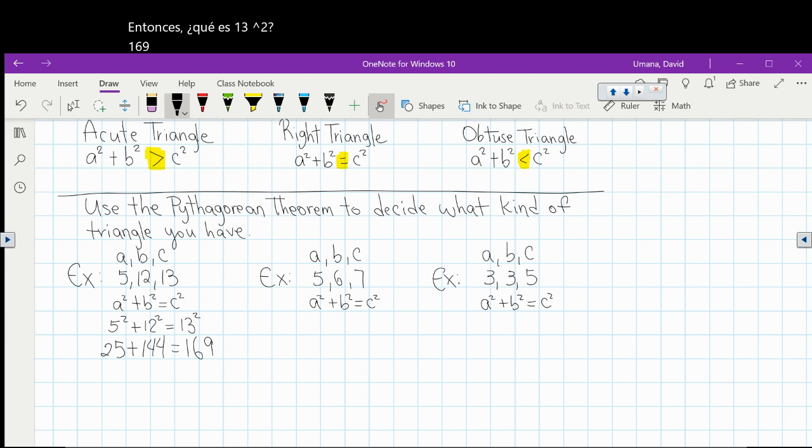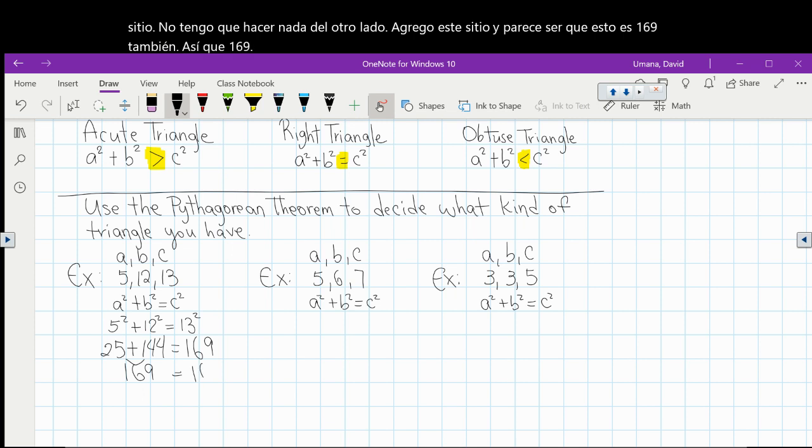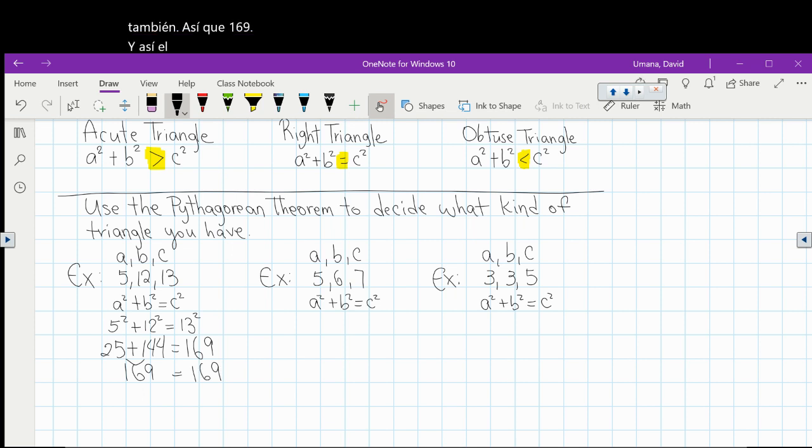Now, as soon as it looks like this, I take 25, I take 144, I add it, so I'm going to add this side. I don't have to do anything on the other side. I add this side, and it seems to be that this is 169 as well. So the other side is also 169. And because of this, then our conclusion with this piece is very simple.